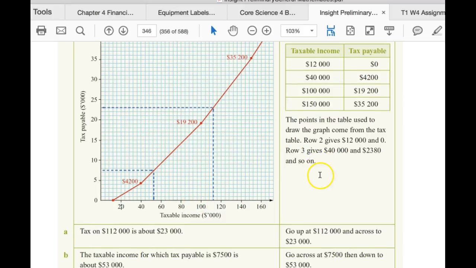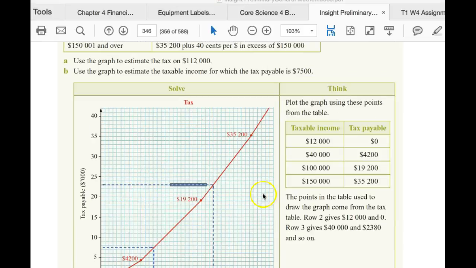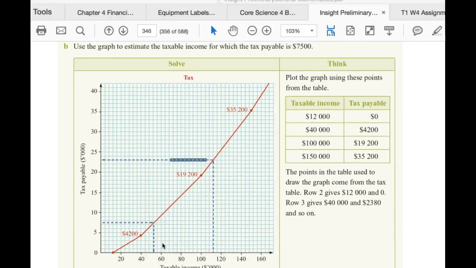Okay, so back up to plotting our points. $40,000. Remember, at $40,000, we don't have this line. This is what we're trying to draw. So you need to go from 40,000 to 42,000. Where the $40,000 is, we can be anywhere along that blue line that's going up from 40.